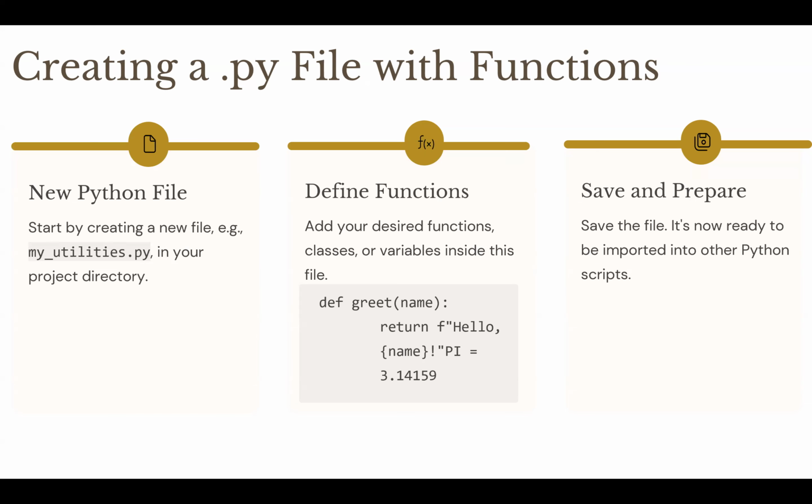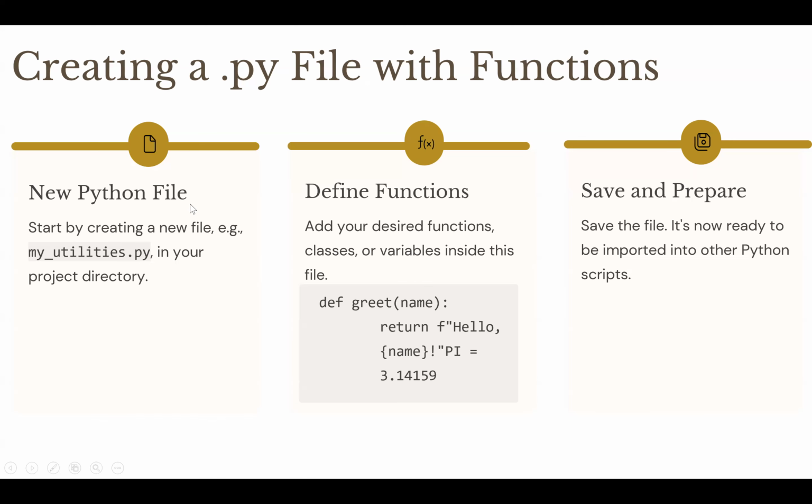Give the file name as my_utilities or any file name .py, and save this file in your project directory. Then it is going to create a file.